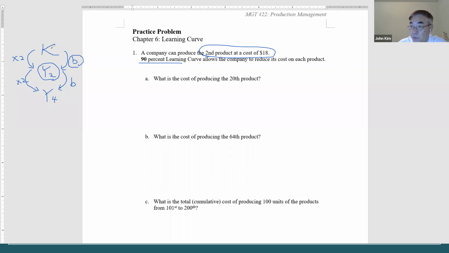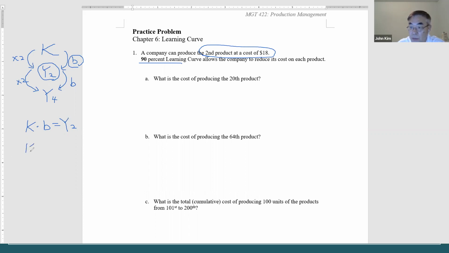From this relationship, K times B equals Y2. Am I right? K times B equals Y2. We don't know K, but we know B, we know Y2.